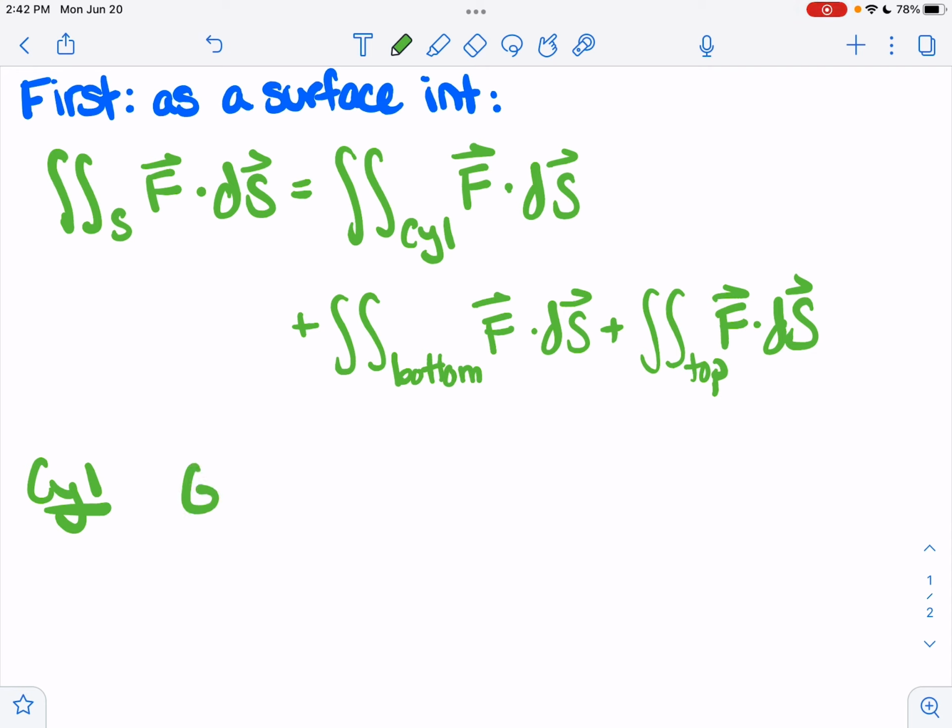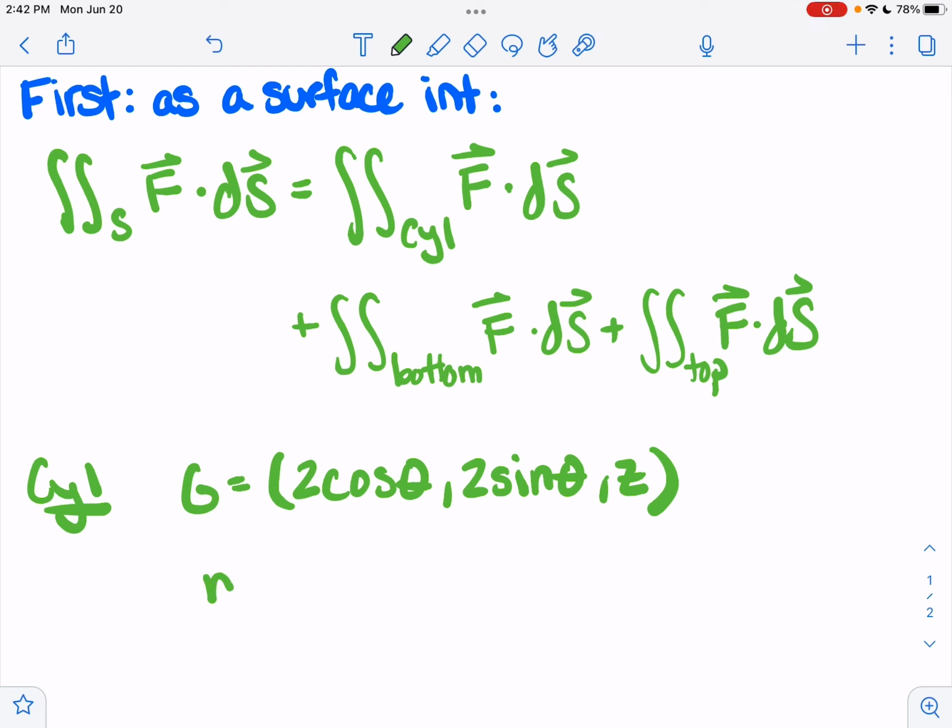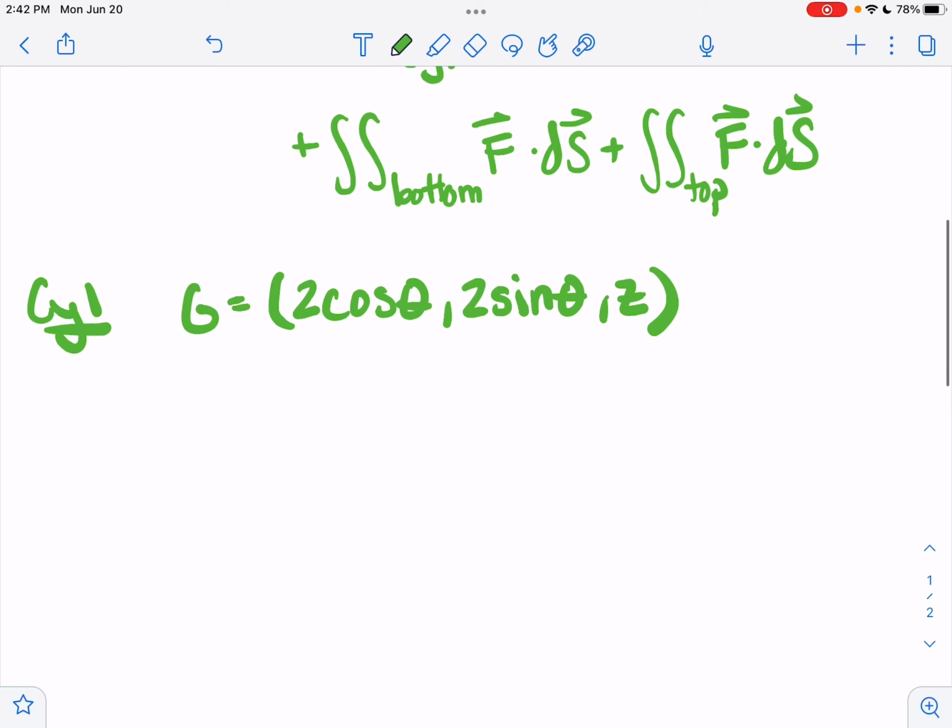We have to parameterize the cylinder. The parameterization is 2 cosine theta, 2 sine theta, comma z. The parameters are theta and z. The process of finding the normal vector is to find the tangent in the theta direction and the tangent in the z direction.